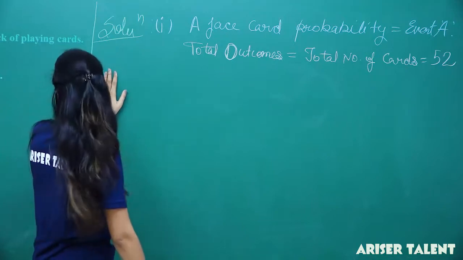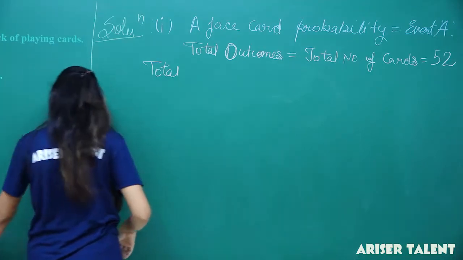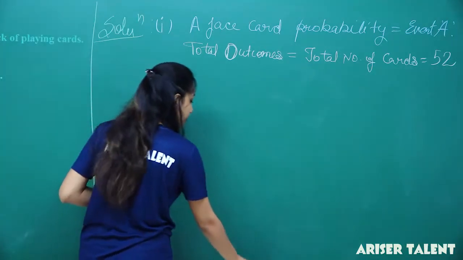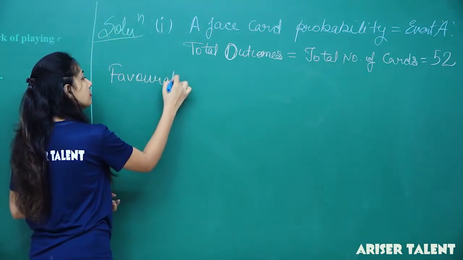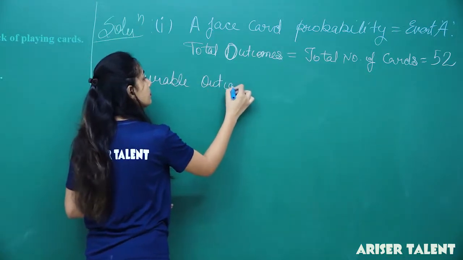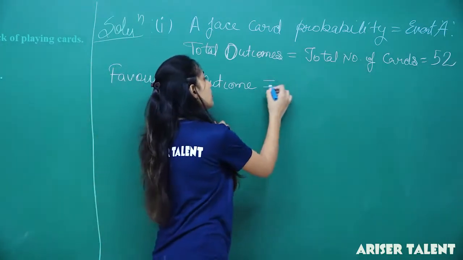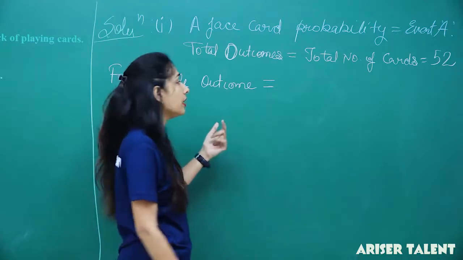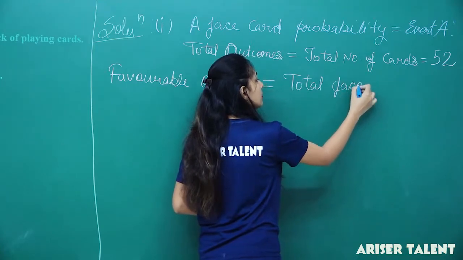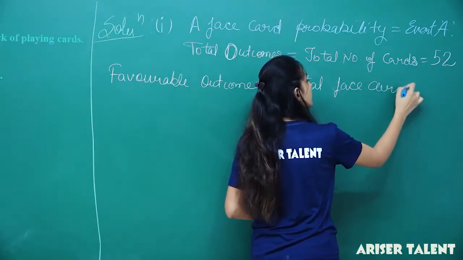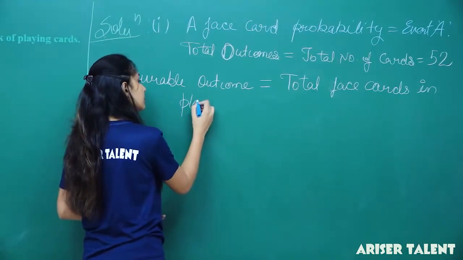Now we have face cards, total face cards, or we can say total favorable outcomes. Favorable outcome is what? Getting a face card is equal to total face cards in playing cards.